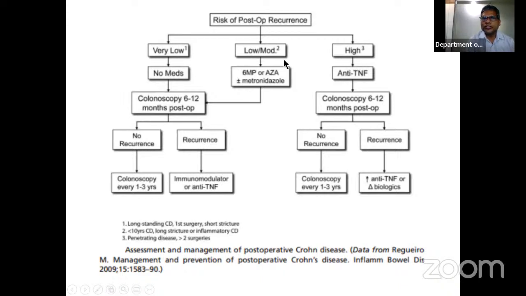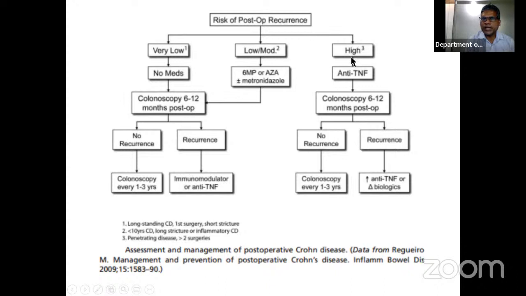While in the low or moderate group, we have to start 6-mercaptopurine or azathioprine, with an antibiotic addition if there is abscess formation. After this, we consider colonoscopy after 6 months to 1 year.